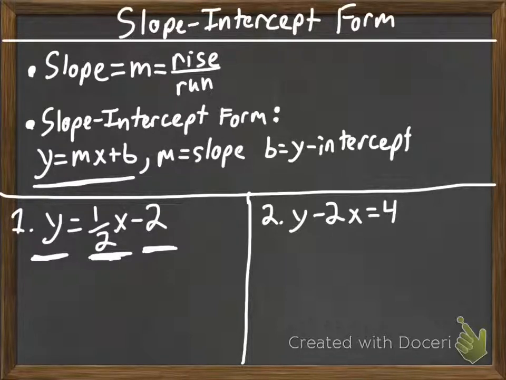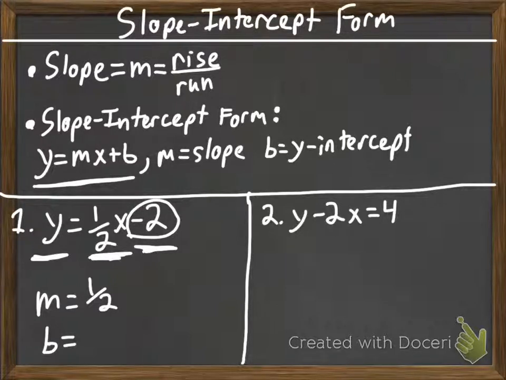And we're just going to identify the slope and the y-intercept. So, our slope is whatever number is in front of x. And it looks like our slope here is 1/2. And our y-intercept is whatever is left over after x. And it's this entire thing. So whatever symbol is with it, that's what kind of number it is. So our y-intercept, our b, is -2.